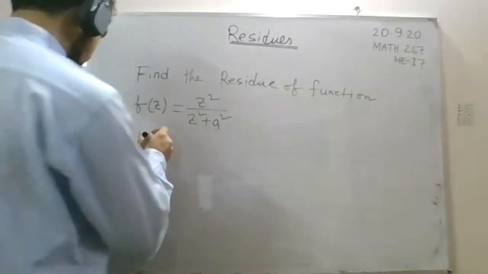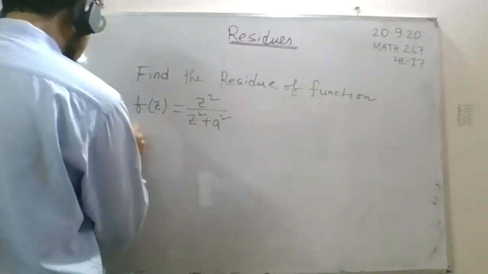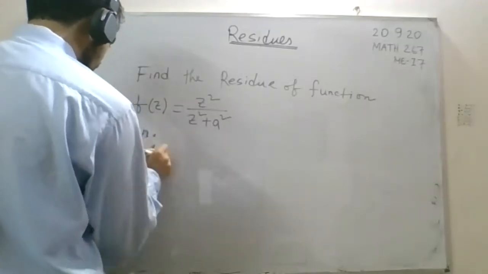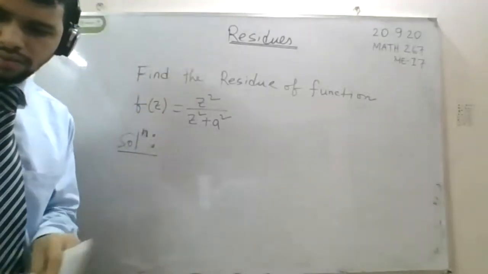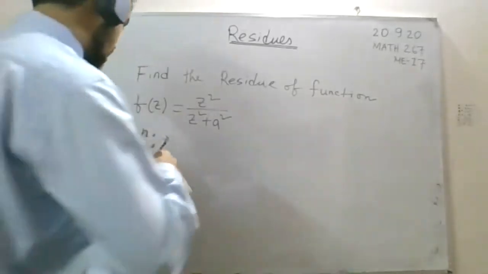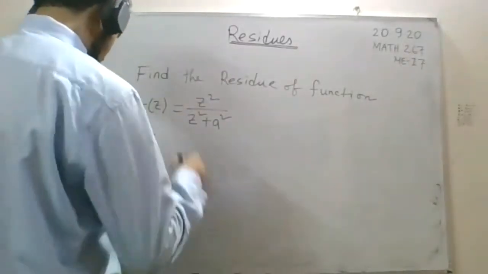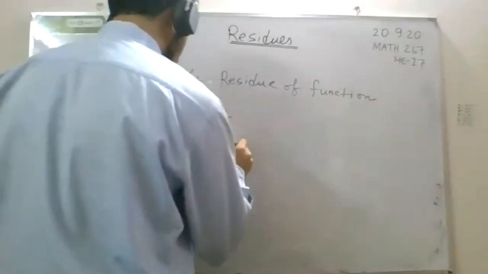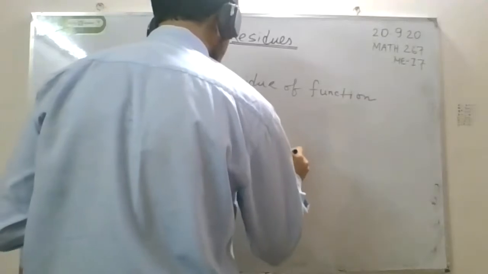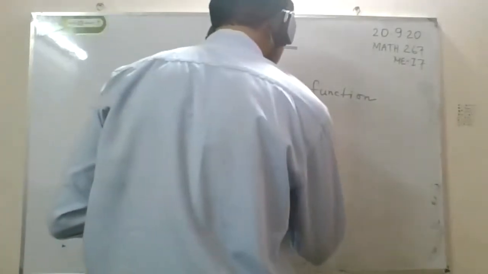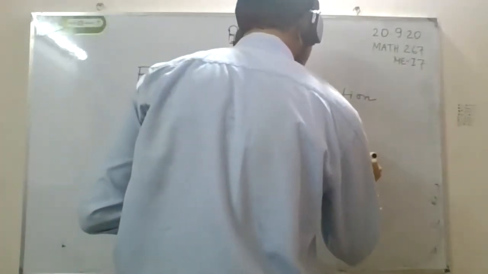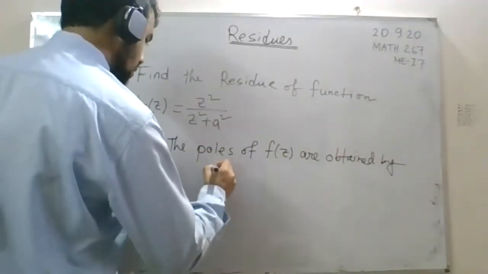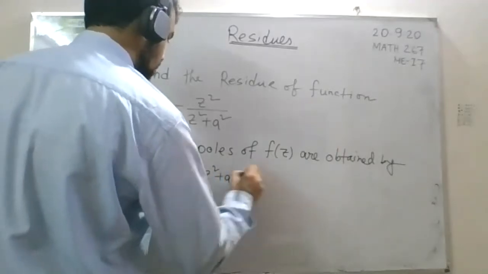So here, you can say the pole is obtained by z square plus a square equals 0.